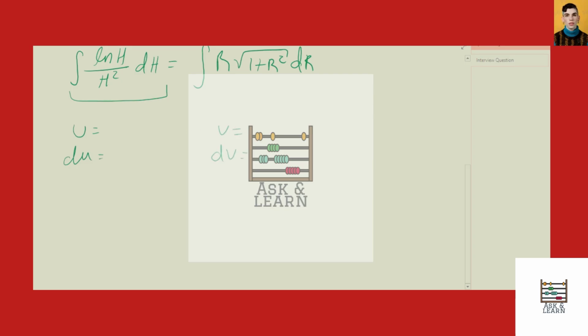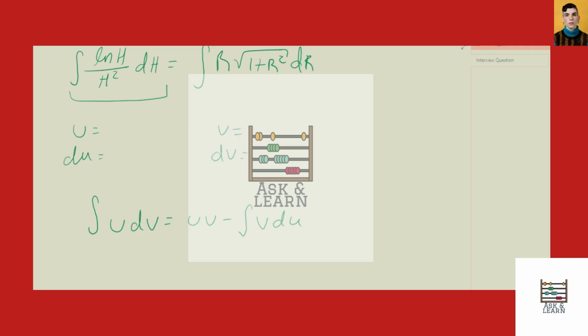So integration by parts is the integral of u dv equals uv minus the integral of v du. Alrighty.